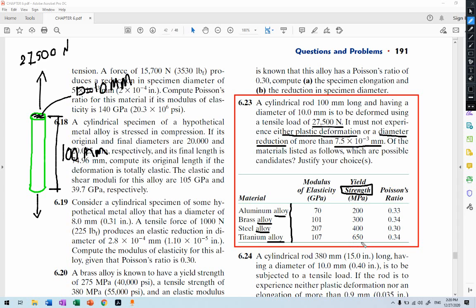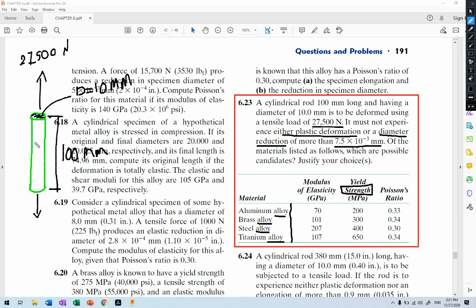Now we have to know which of those materials will be in the elastic zone under the load that we have. What does it mean? We have a load, and we have the area. So we'll be able to calculate the stress over this area, the stress within the material.